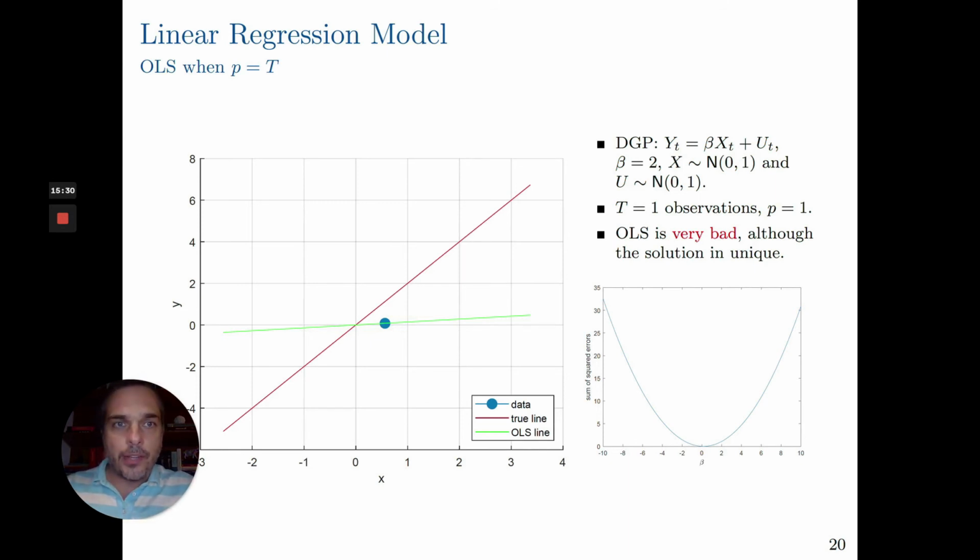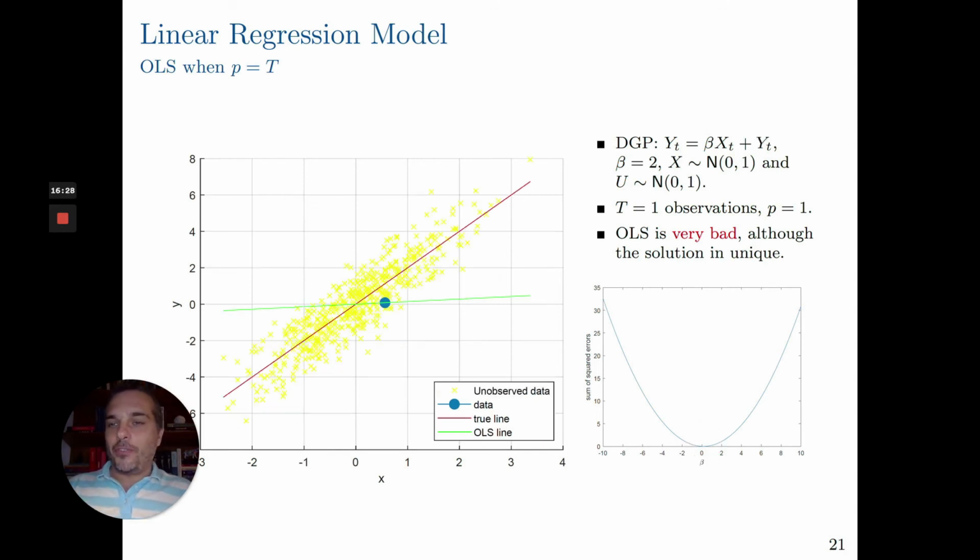Because we don't have an intercept here, so we are trying to find the best line that fits the data and crosses the origin of the axis. So that is the green line. Okay? So beta hat, the estimator, is unique, but it is very close to 0.